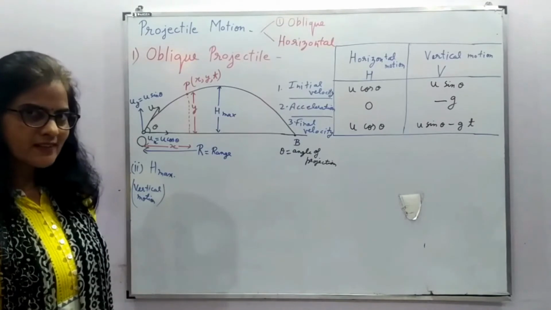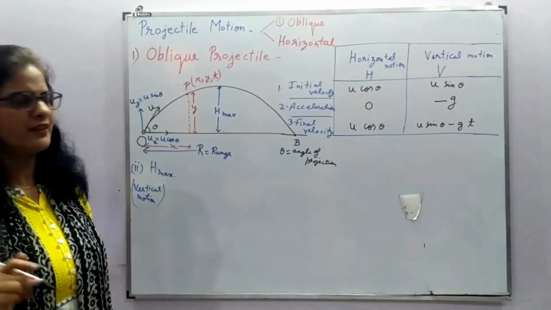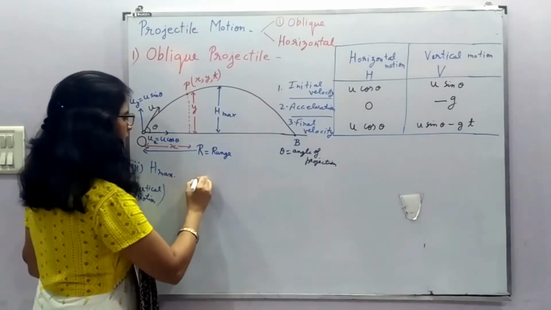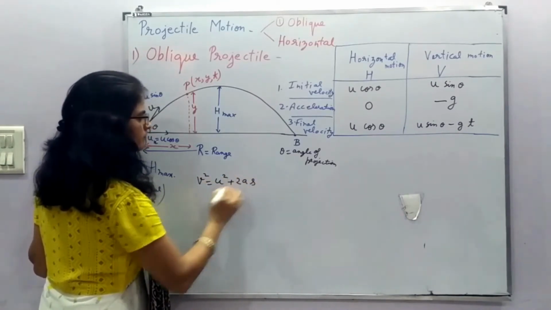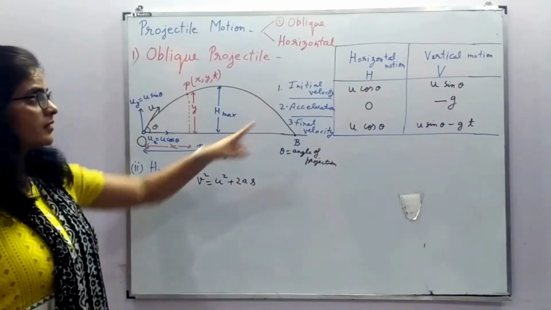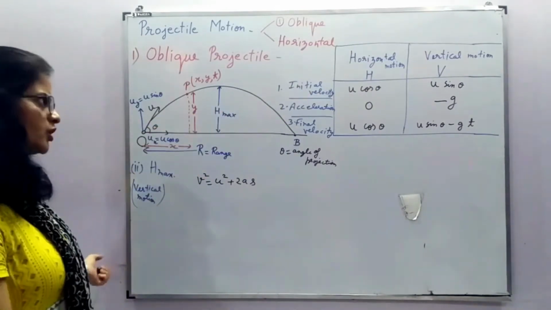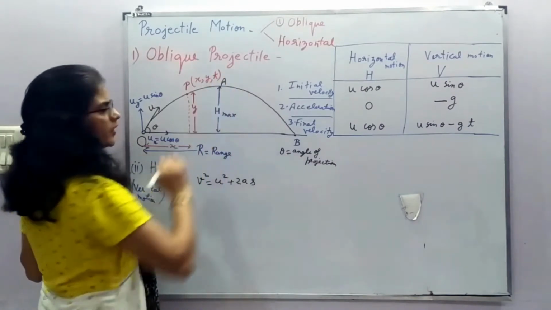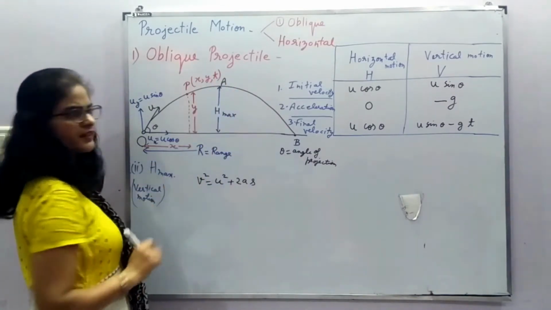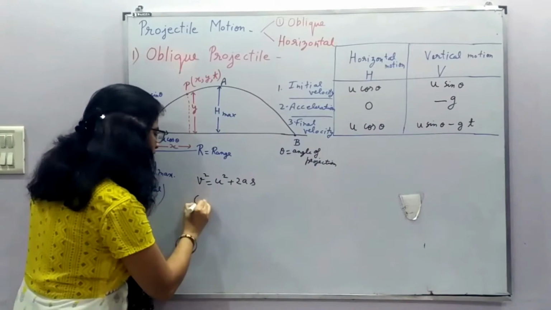And I want to find the distance. So which equation are we left with? We are using this with vertical motion. So let's say at point A, which is the highest point, what is the final vertical velocity? It is 0.